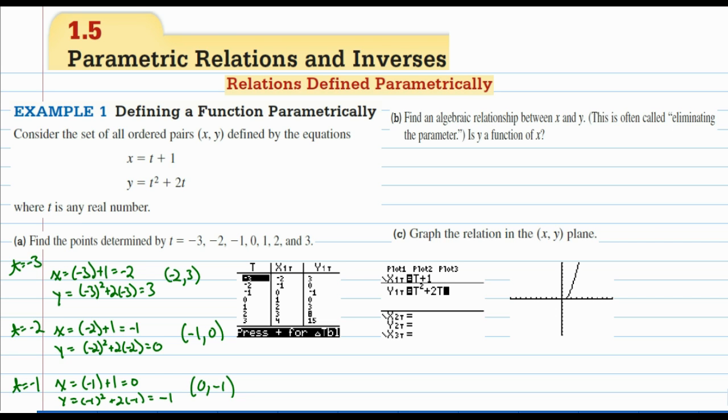So we're going to eliminate that using what we learned in the last section, 1.4, composition of functions. X equals t plus 1 and y is t squared plus 2t. So the thing relating both x and y is t. So I'm going to find out what t equals in terms of x. If x equals t plus 1, that means t equals x minus 1.